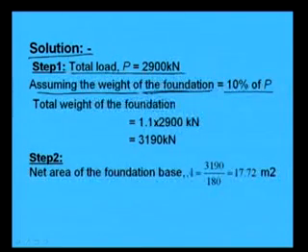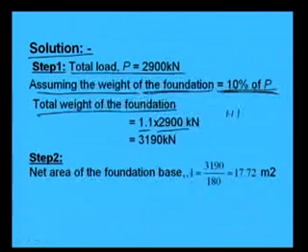So, assuming that, we will get the total weight as 1.1 into 2900, means 1.1 P, because 10% we are additionally taking. So, 1.1 into 2900 kilonewton is becoming 3190 kilonewton, right.